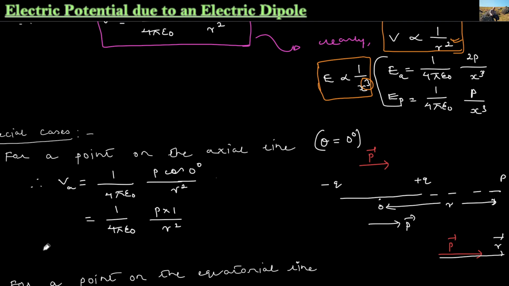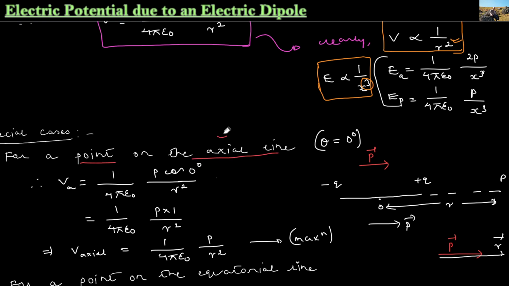Which means that the potential along the axial point is given by 1 by 4 pi epsilon naught P divided by R square, which is the case in which the electric potential of an electric dipole is maximum when the point is located on the axial line. On the axial line, the electric potential due to a dipole is maximum.